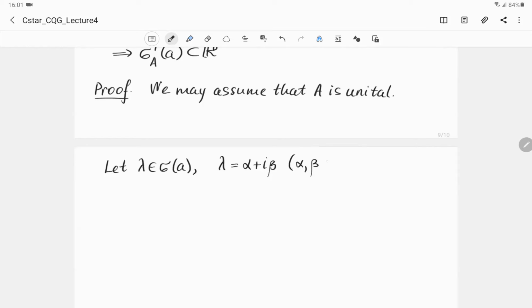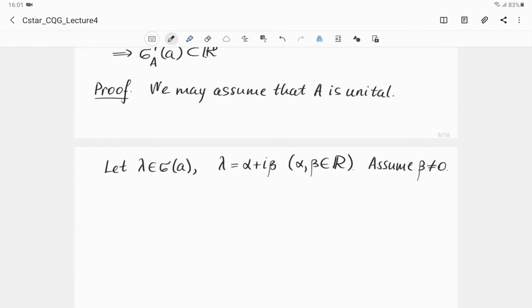So alpha is the real part and beta is the imaginary part. And we suppose that beta is non-zero. So we want to get a contradiction.